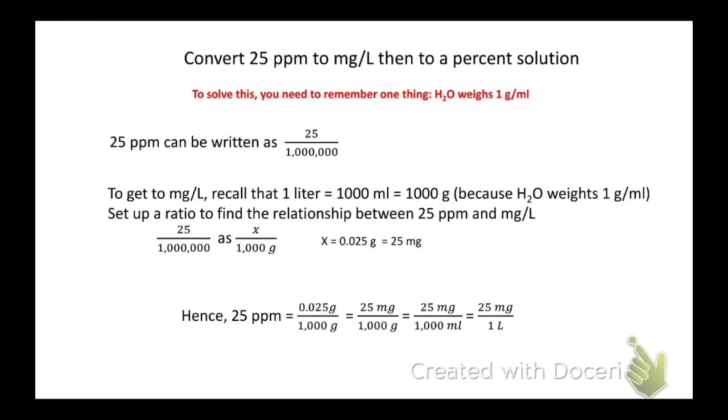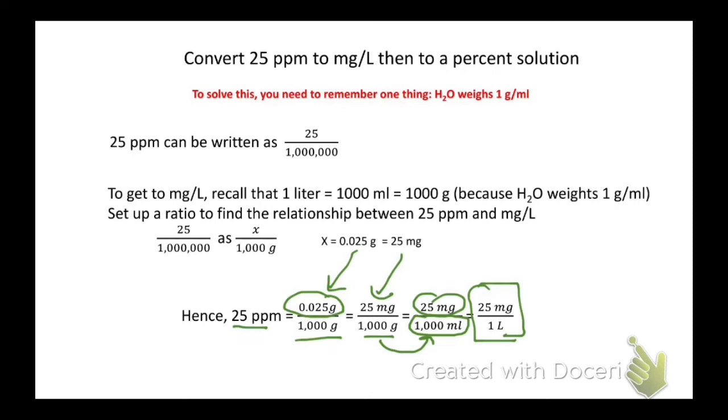Hence, 25 parts per million is 0.025 right here, grams over 1,000 grams, or 25 milligrams over 1,000 grams. And if we go back and substitute, we know that that's 25 milligrams per 1,000 mil, or 25 milligrams per liter.